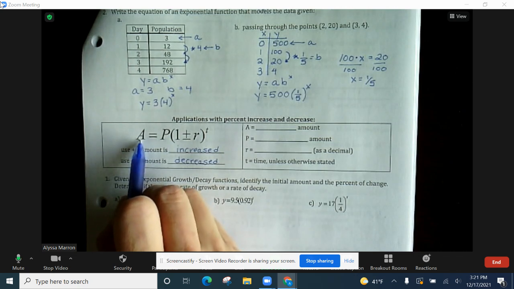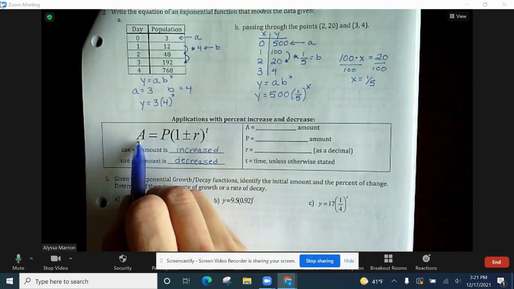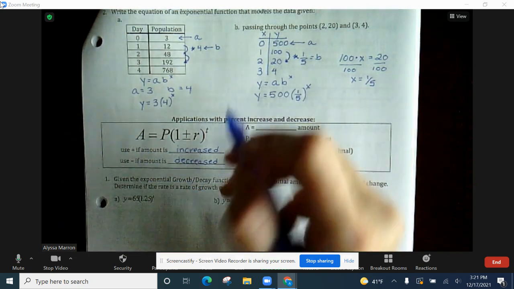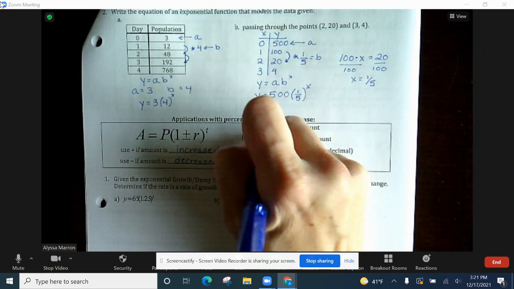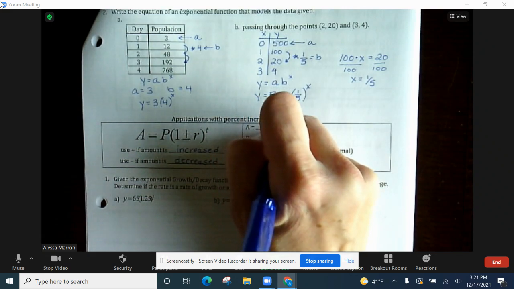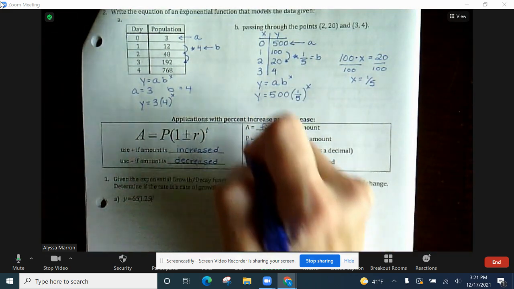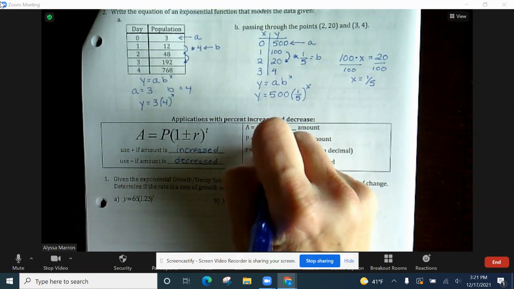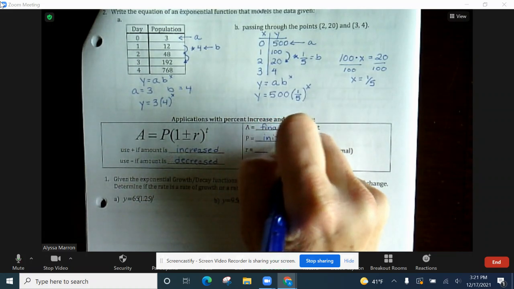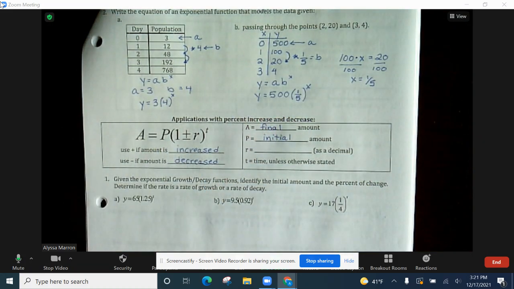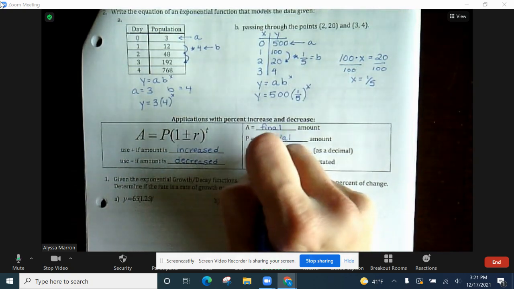So this A value on the outside, you can think of that as after amount, which actually means your final amount. Our P is our initial amount. That will always be seen in your coefficient. And your r is your rate.